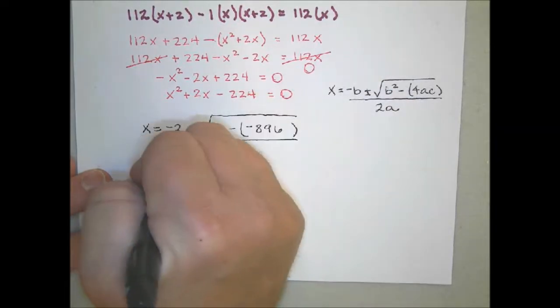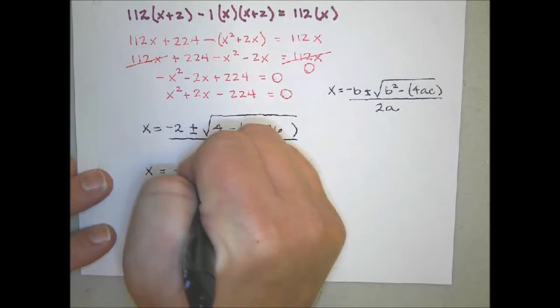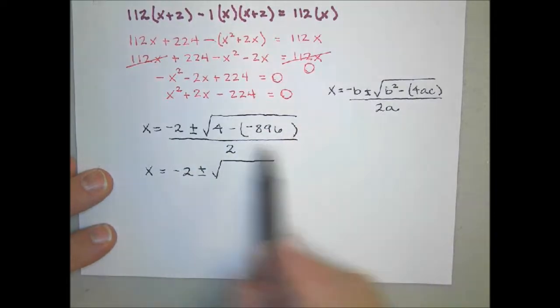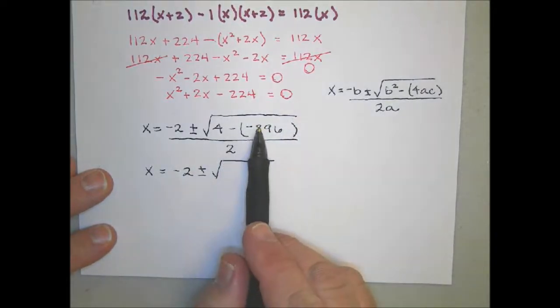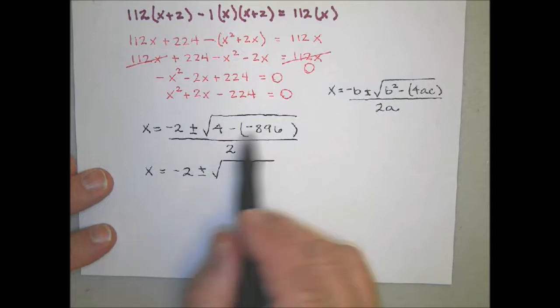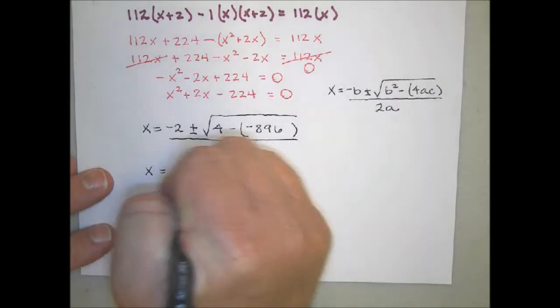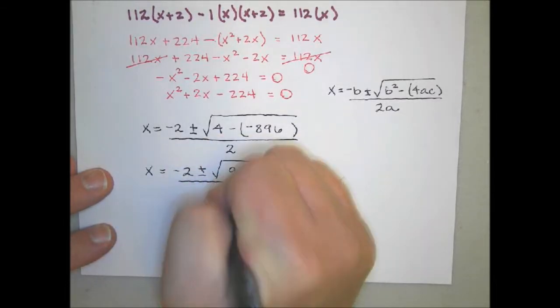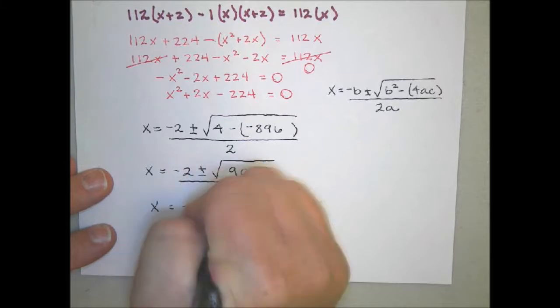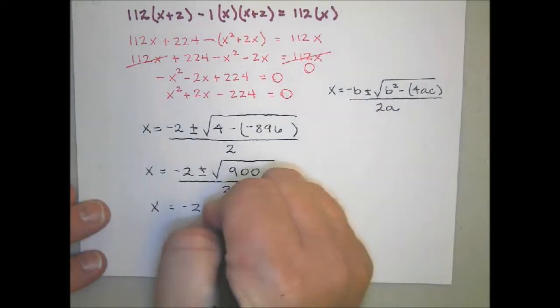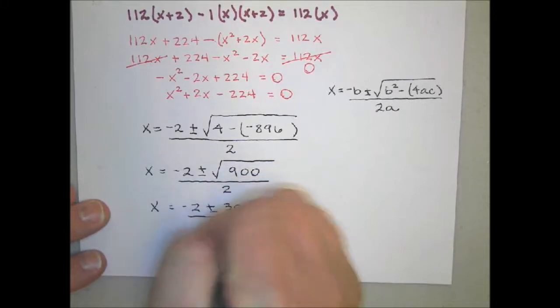So x equals -2 plus or minus the square root of, now when you subtract a negative number, it becomes positive, so we're really adding 4 plus 896 is 900, divided by 2. x equals -2 plus or minus the square root of 900 is 30, divided by 2.